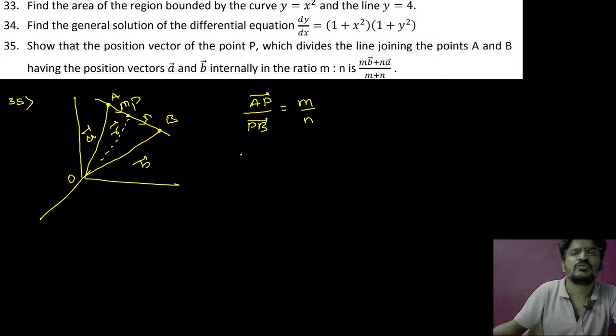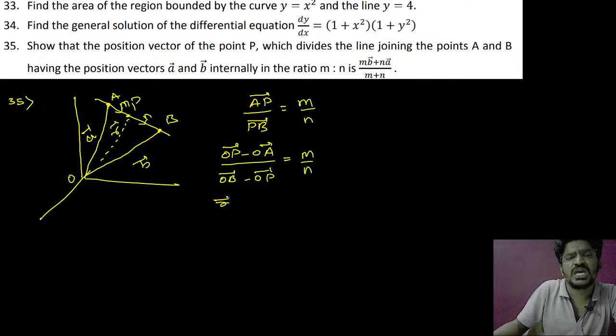So therefore from this we can write OP vector minus OA vector divided by OB vector minus OP vector equal to m by n. OP is vector R, OA is vector A, OB is vector B, OP is vector R, equal to m by n.